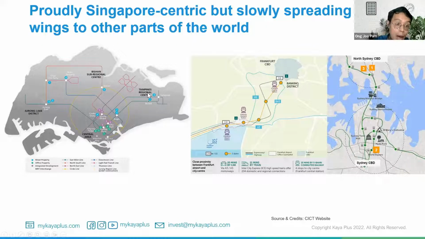So there are also suburban malls managed by CICT, and you've probably entered these malls as well. So not only are the properties focused in the central part of Singapore, they are all over Singapore, right? And on top of that, CICT not only has properties in Singapore, but has also started to invest outside of Singapore, right? Your properties situated in Frankfurt, Germany, and properties situated in Sydney, Australia.